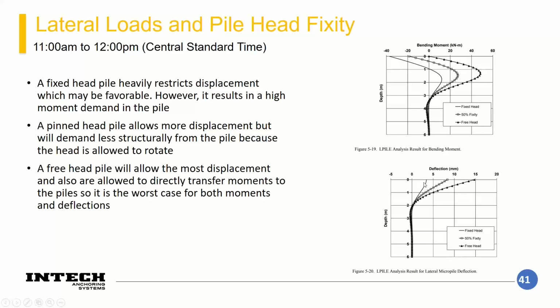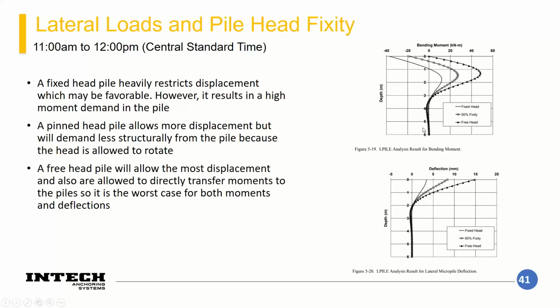The fixed head condition has way less deflection than the free head, and basically half of the 50% fixity sort of pin condition. So a pinned head allows for more movement of your pile, but it does help with mitigating the maximum bending moment your pile is going to have.